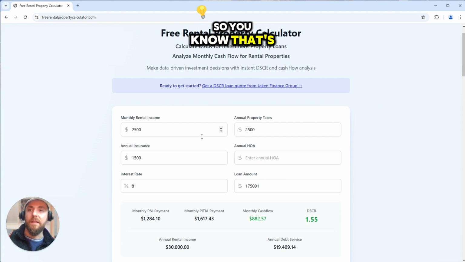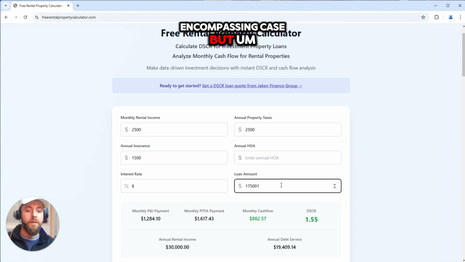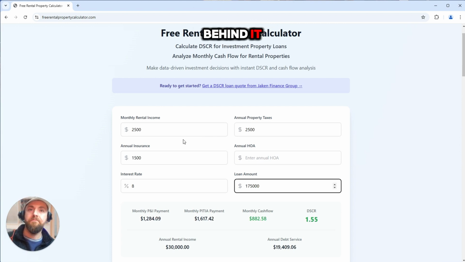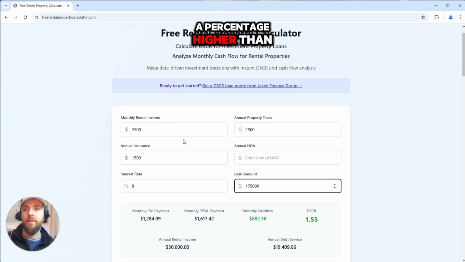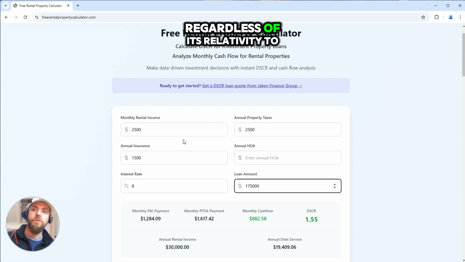So, that's not an all-encompassing case, but that's just the thinking behind it. And then, so we said lower of the two values, a percentage higher than the market rent based on the collection. And then, there may be lenders out there that use the lease amount regardless of its relativity to market rent.